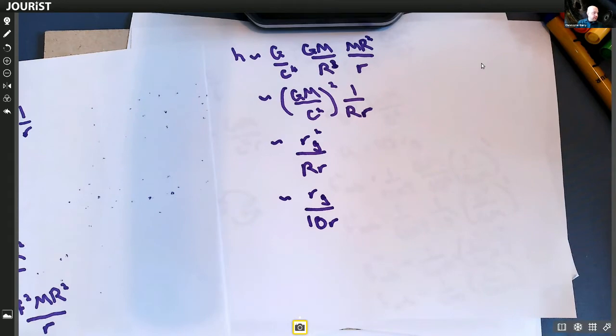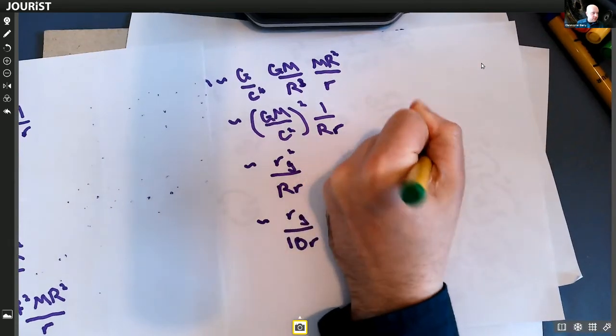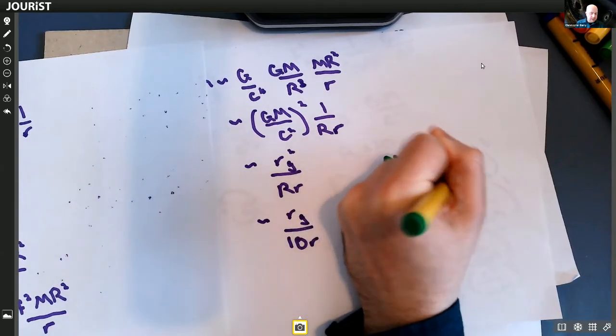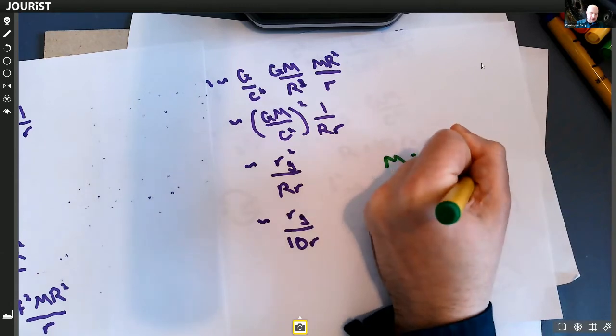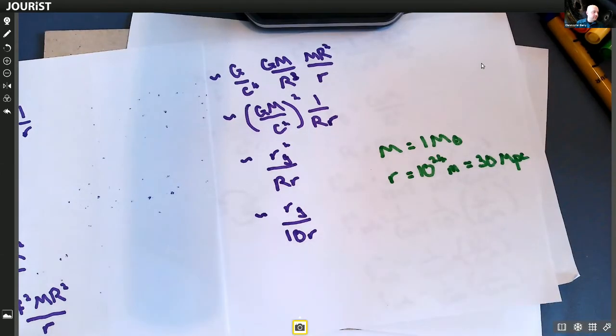Now, if we were to put in some just toy numbers again, see what type of scales we're looking at. So we'll go back to our M equals 1 solar mass. And let's pick r equals 10 to the 24 meters, that's about 30 megaparsec, characteristic scale for local galaxies.